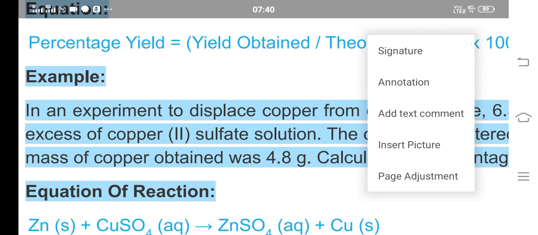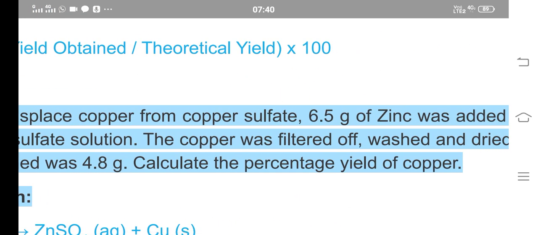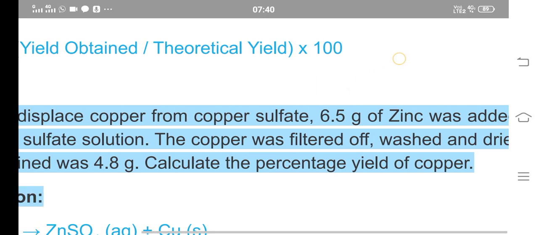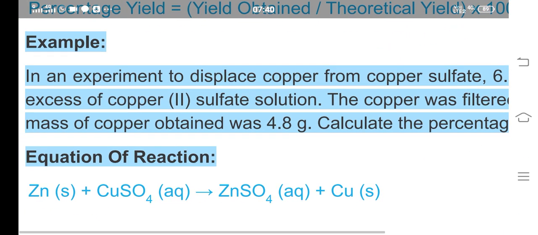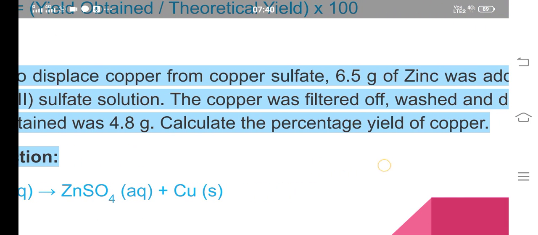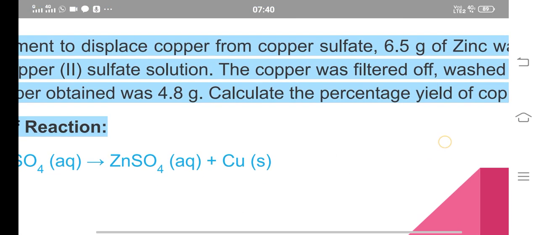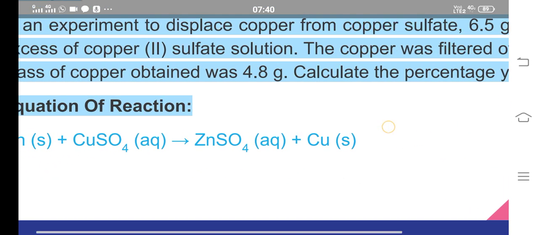The copper was filtered off, washed and dried. The mass of copper obtained was 4.8 gram. Calculate the percentage yield of copper. So in this particular example, we want to calculate the percentage yield of copper.